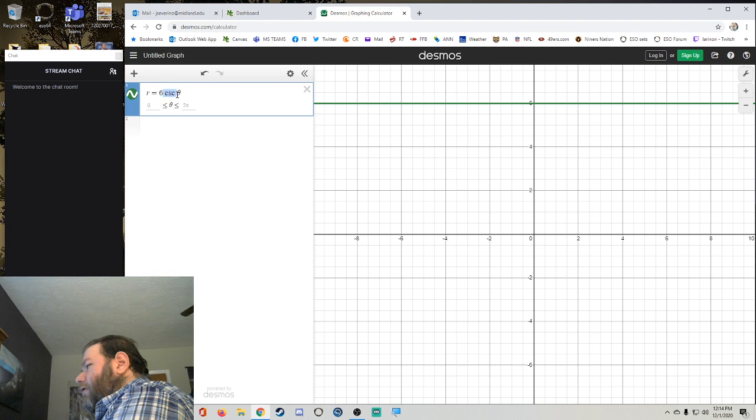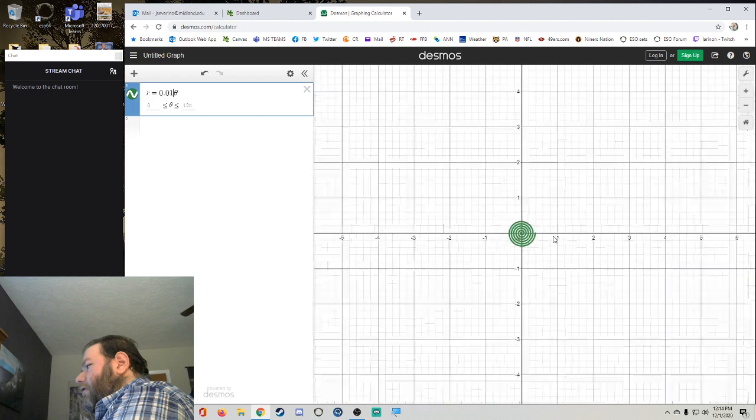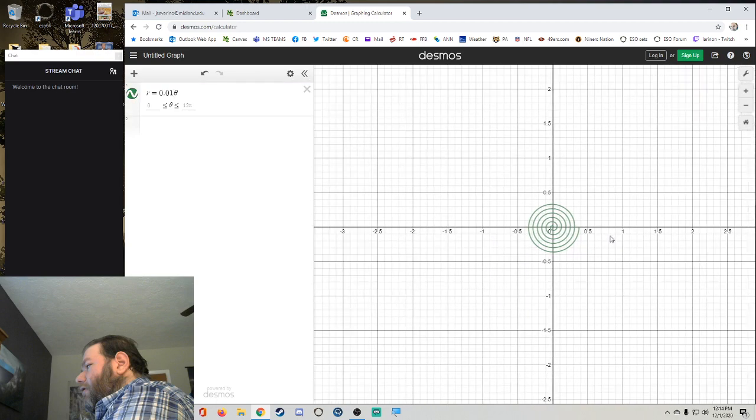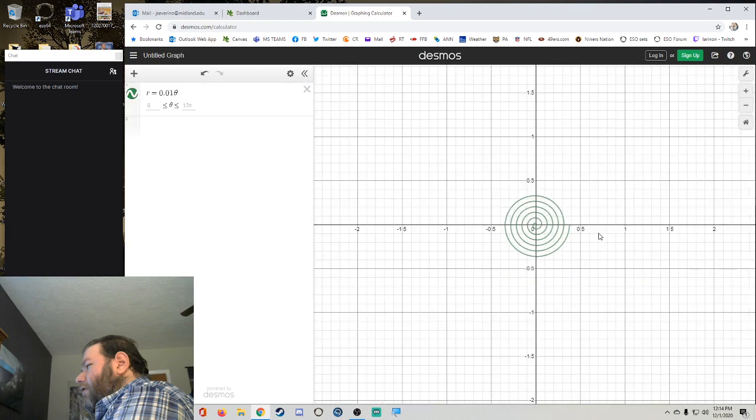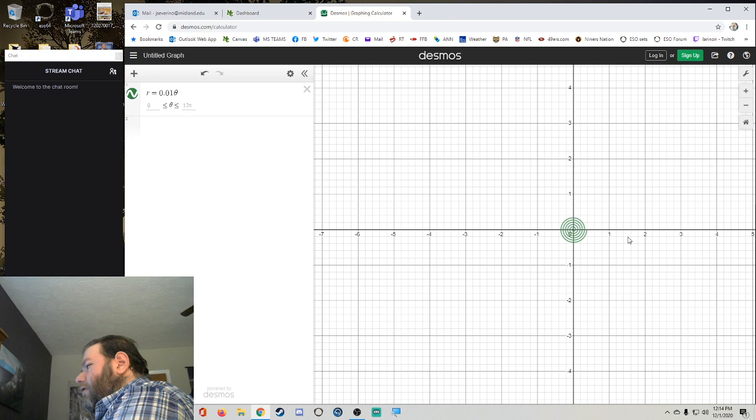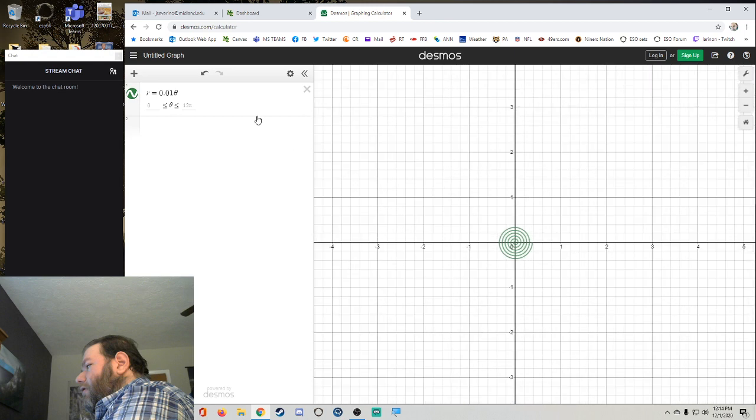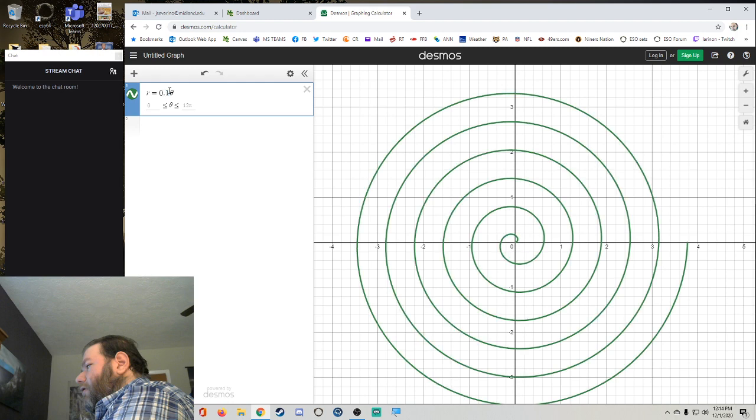And you saw for a second the spiral. There you can see a little bit better. I guess it didn't have to go that small. There we go. We can see the spiral that's created.